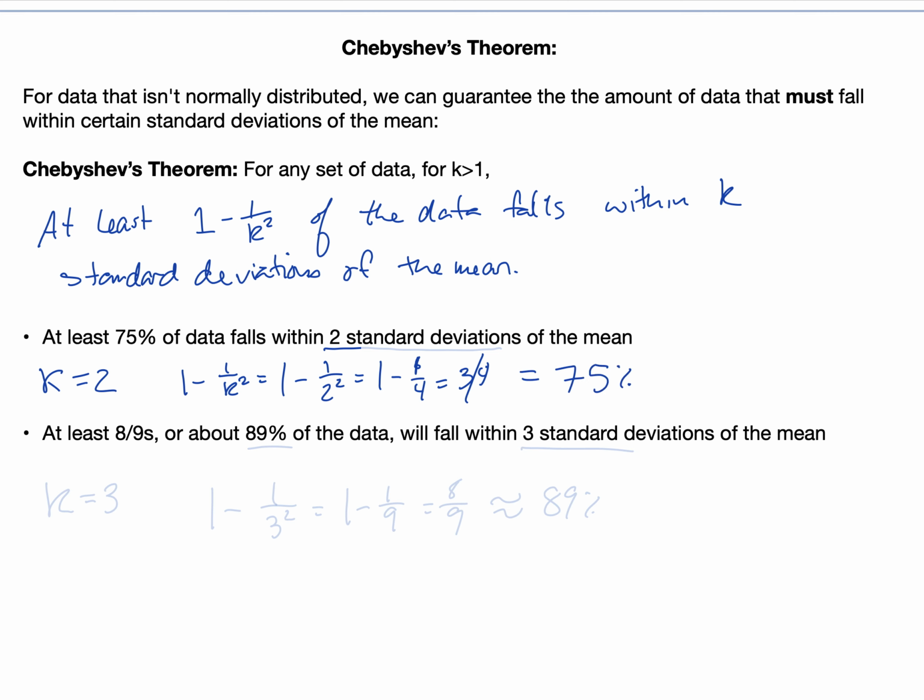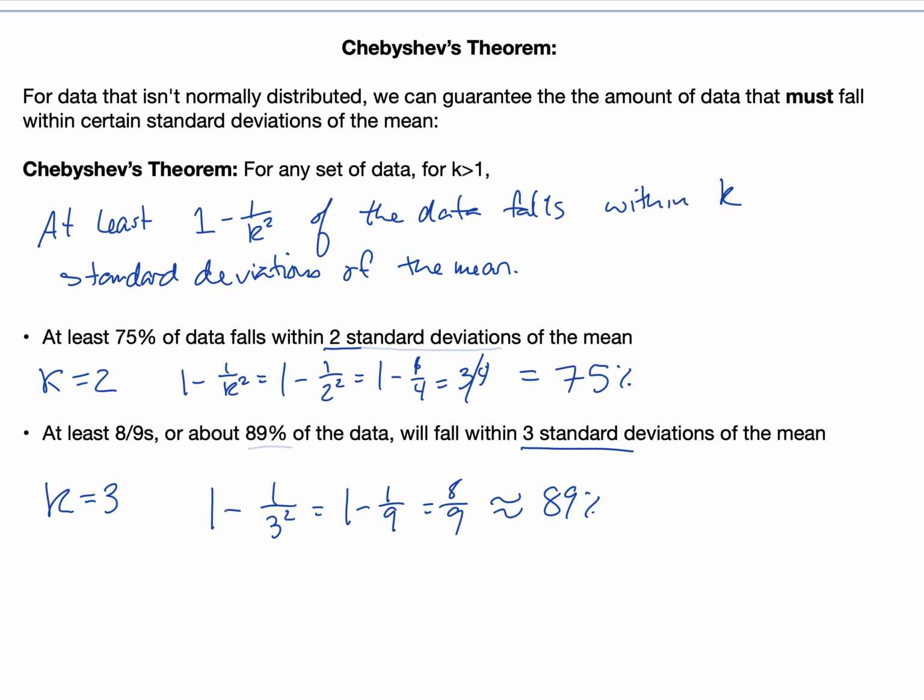So 75% of the data must fall within 2 standard deviations of the mean. And if we look at within 3 standard deviations of the mean, then k is equal to 3. And so 1 minus 1 over 3 squared, or 1 minus 1/9, which is 8/9 of the data, must fall within 3 standard deviations of the mean. And 8/9 is approximately 89%.